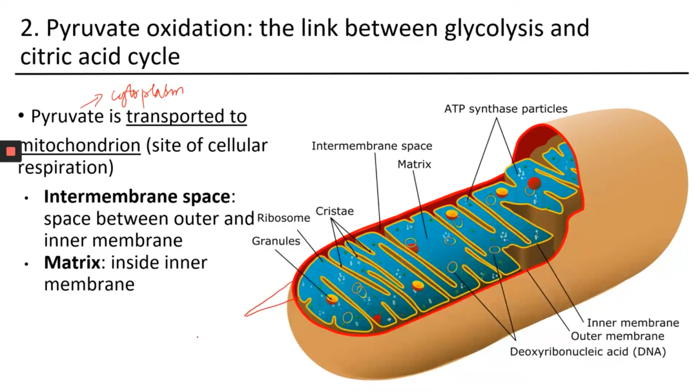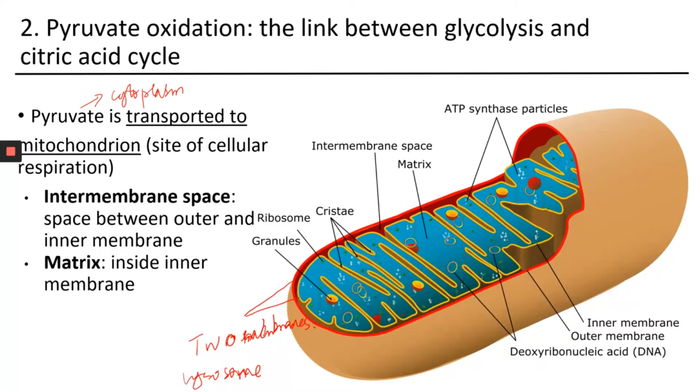So it's got 2 membranes. If you remember from the cellular structure chapter, some of the cell organelles are single membrane bound organelles. So for example, lysosome, remember there's only one membrane, right? So mitochondria actually have two membranes.